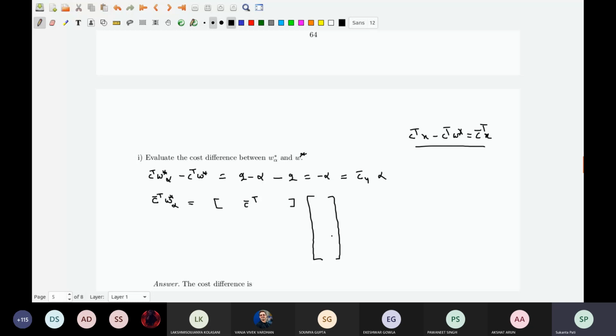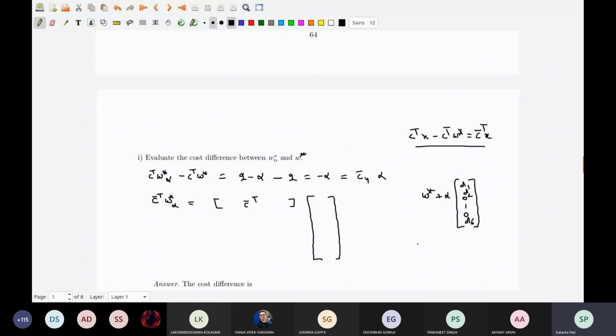Let me write again how W star alpha was created. W star alpha was created from W star by taking a scalar multiple of a particular direction, in which only one entry changed in the non-basic part, and the rest of the entries were like this. The vector was like this.